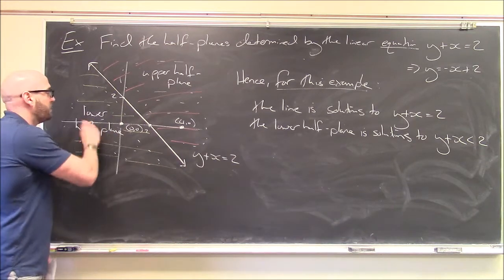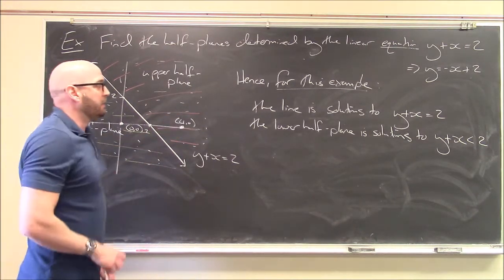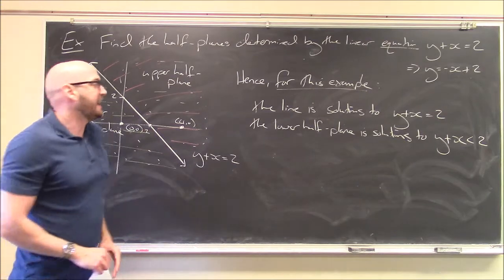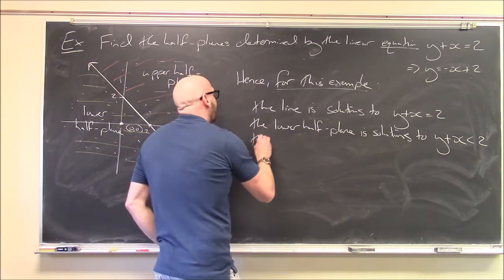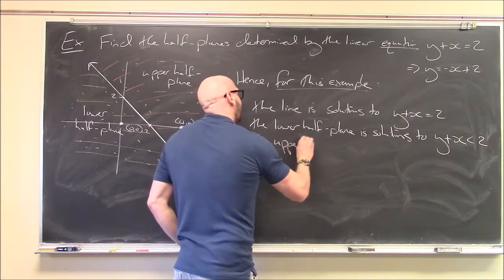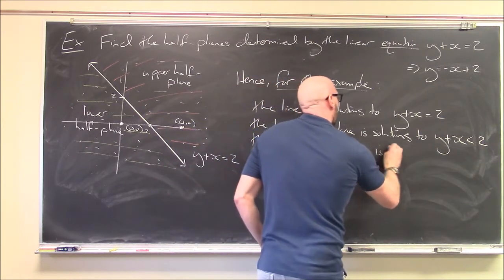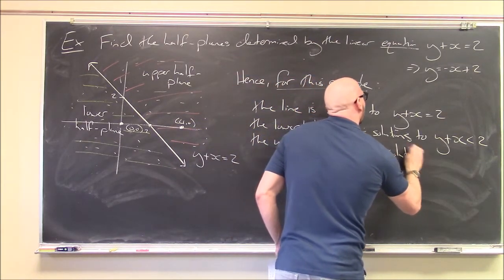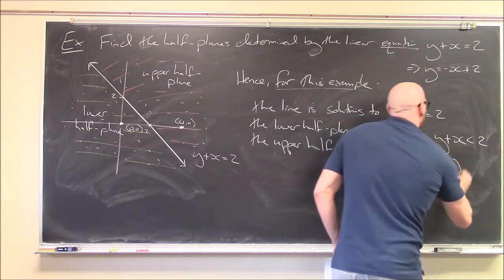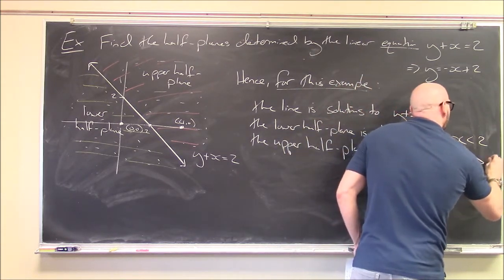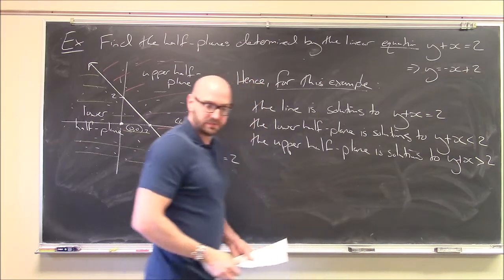So every single point in the lower half plane, if you plug it into y plus x, you'll get something less than 2. And meanwhile, the upper half plane is solutions to y plus x bigger than 2.